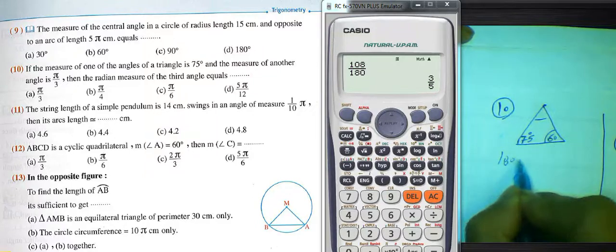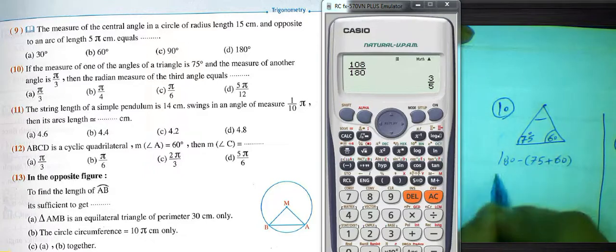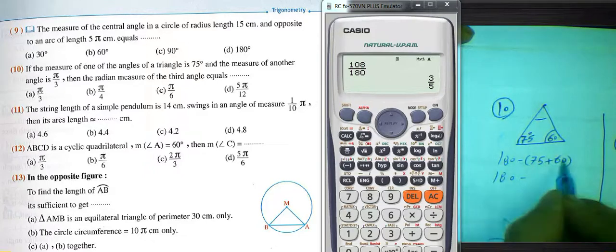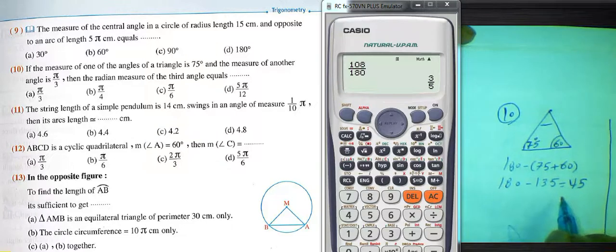180 subtract 75 plus 60. The result will be 45. We can convert 45 from degrees to radians, because we want to find the result in terms of pi.